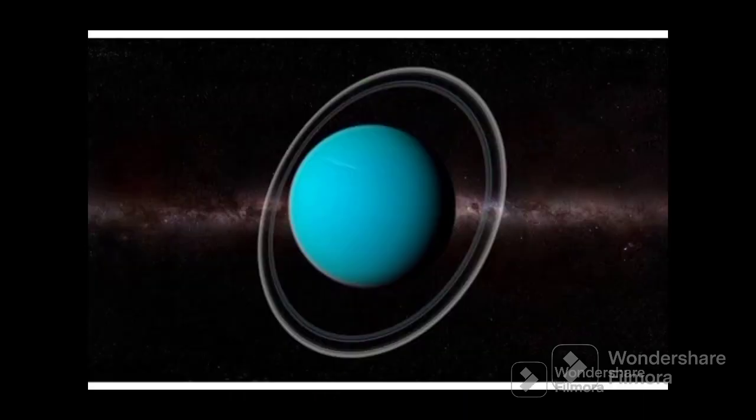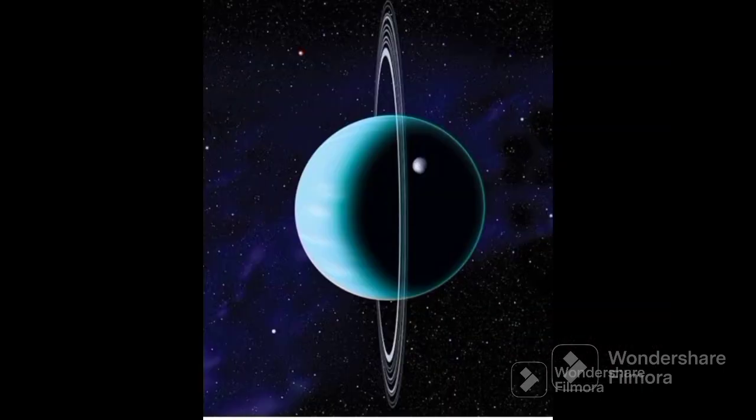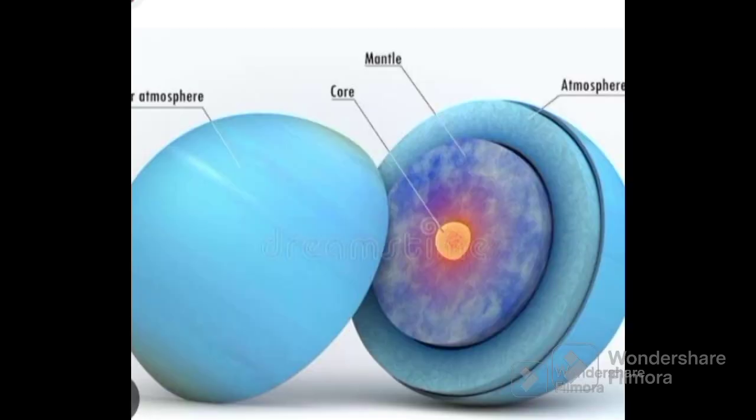Now, Uranus. Uranus is the third largest planet in the solar system with a diameter of 50,724 kilometers. It has an average surface temperature of minus 216 degrees Celsius. A day on Uranus is equal to 17.2 hours and an year on Uranus is equal to 84 Earth years. Now let's learn about the interior parts of Uranus.